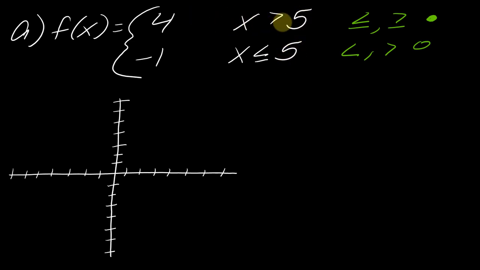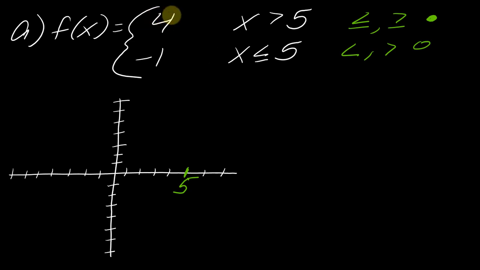So starting at x is greater than 5. Okay, so let's find that. So 1, 2, 3, 4, 5. So I'll just go ahead and mark that. Here's 5. So just to make my life easier. Okay, so when the x's are greater than 5, which side is that on? Is it on this side or is it on this side? The x's are greater than 5 over here.